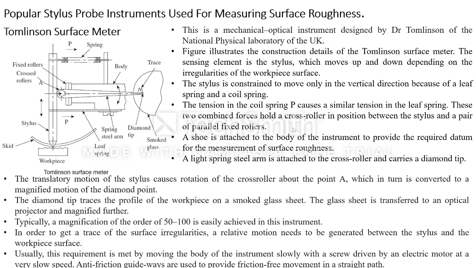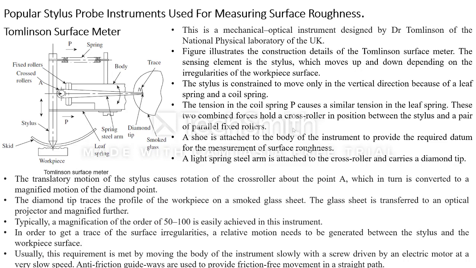Because whatever the manufacturing process, it is not possible to get a perfectly smooth surface. So small imperfections will definitely be there, and we need to measure those small imperfections.